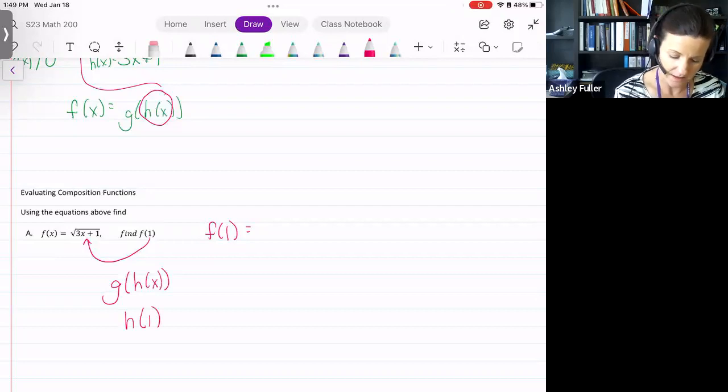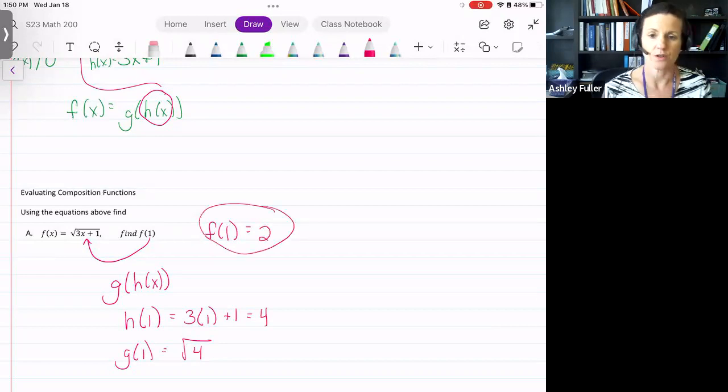As previously shown, we discovered that h of 1 would be 3 times 1 plus 1, which results in 4. And then I can find g of 4, which resulted in the square root of 4, or 2.